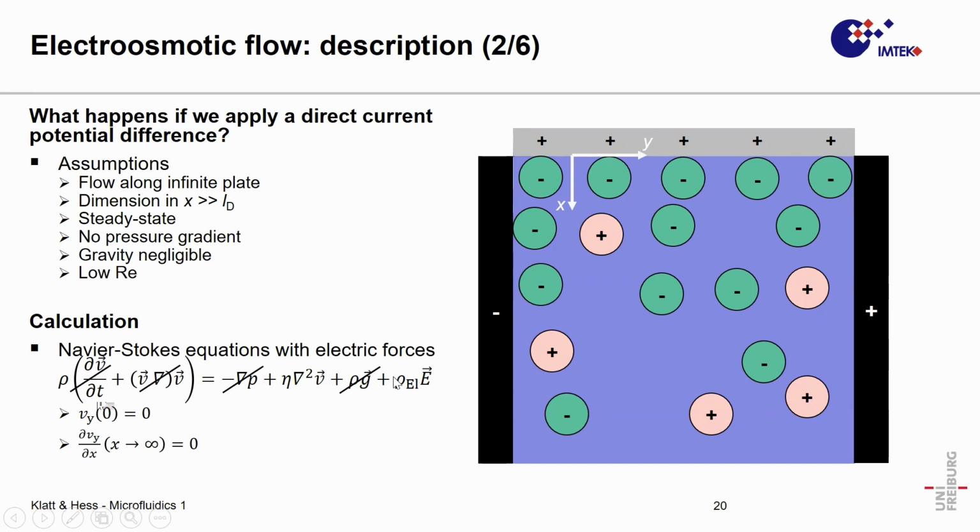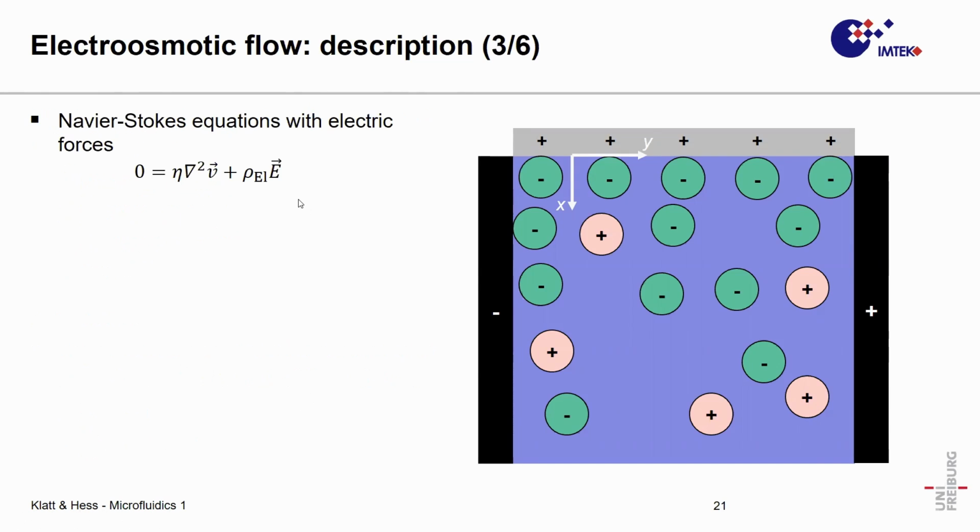One is based on the electric forces, and one is based on the viscous forces. If we get rid of all the unnecessary terms, we consequently end up with this equation. And I want to simplify it further because we are only interested in the velocity in y direction. And that's why we only use this direction for the next calculation steps.